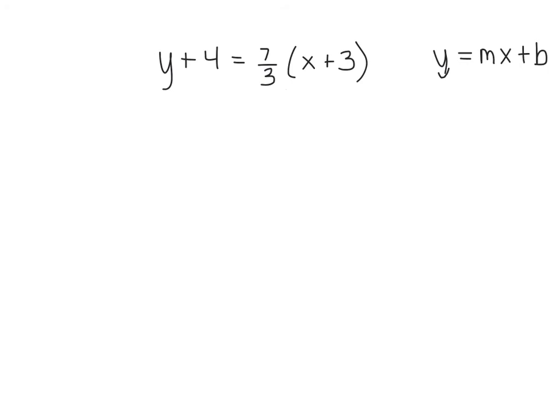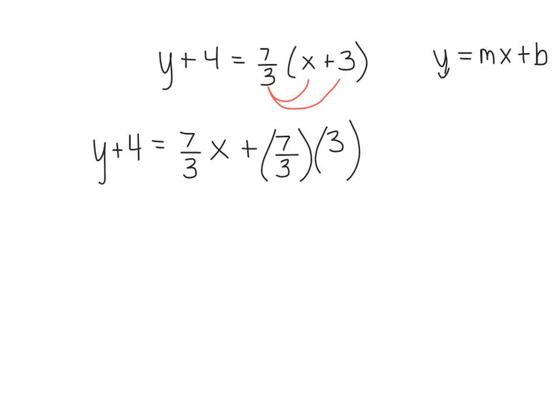The first thing we have to do is distribute the 7/3 to each term in parentheses. So we have y plus 4 equals 7/3 x plus 7/3 times 3.